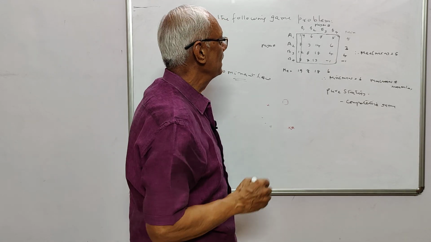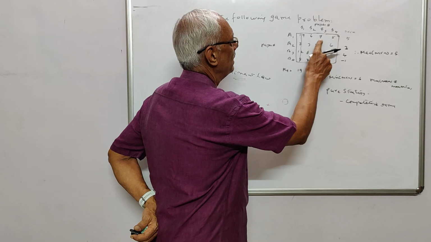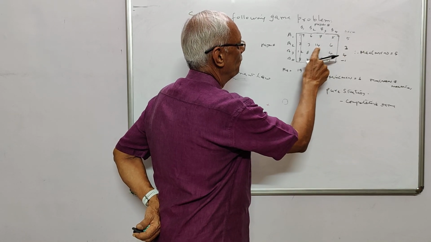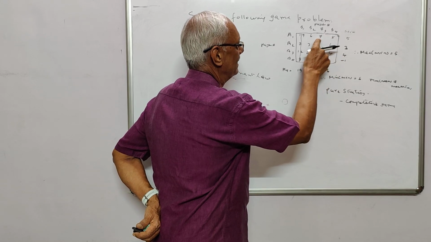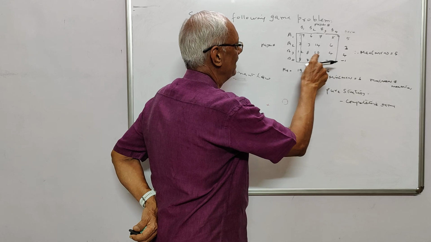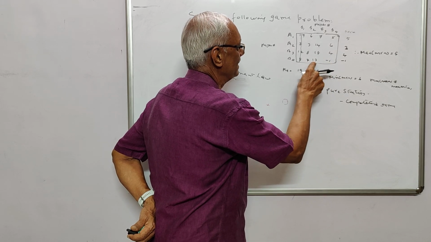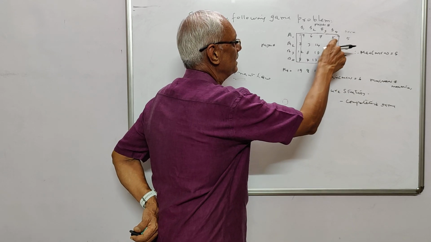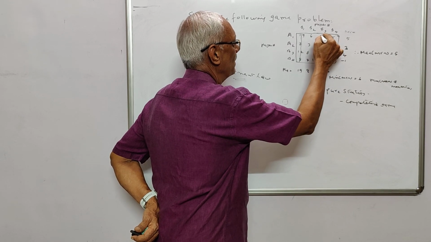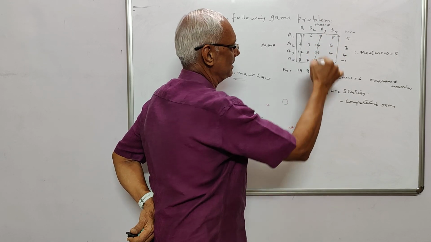Now let us come to the other one. Here you find that 5 is less than 6, 6 is less than 14, 4 is less than 18, and minus 1 is less than 13. That means B4 dominates B3, and therefore B will not use this strategy.